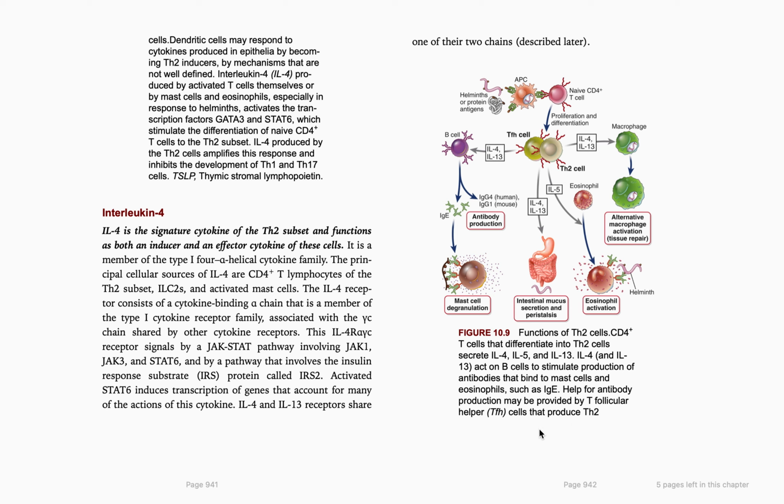Help for antibody production may be provided by T follicular helper cells that produce T helper 2 cytokines. So here we have the helminth. It is presented and the naive T cell proliferates. Then we have the production of interleukin 4 and 13. These activate macrophages, the alternative macrophage activation, for tissue repair. So this is where we'll see the M2 macrophage instead of the M1 that we saw before.